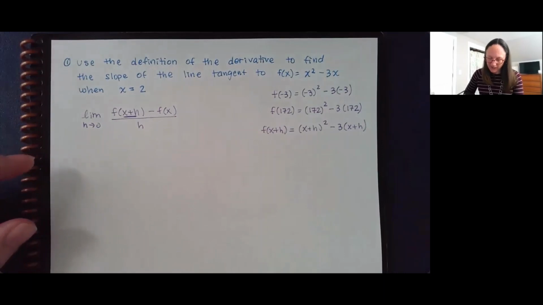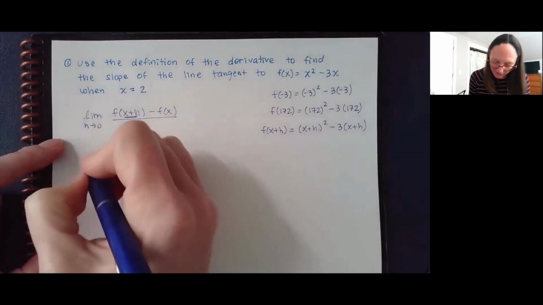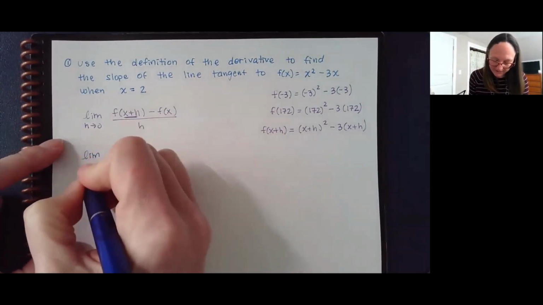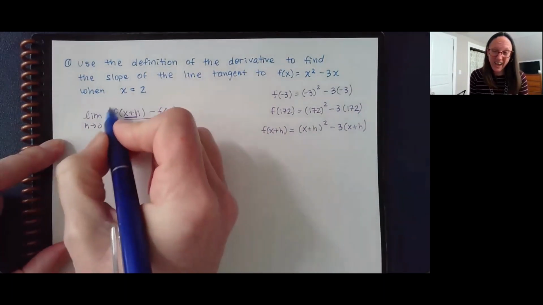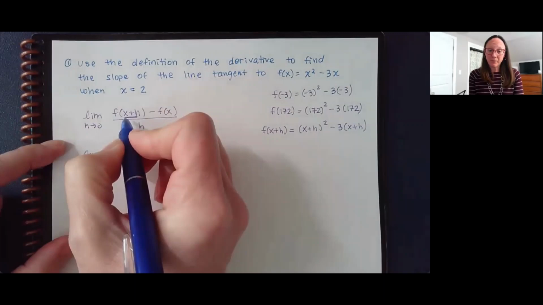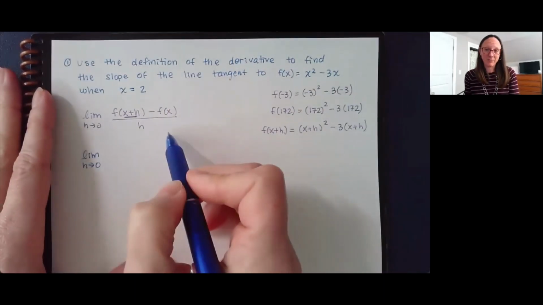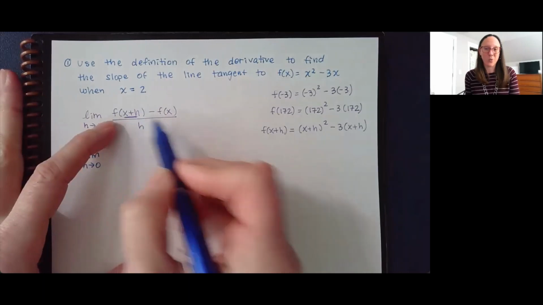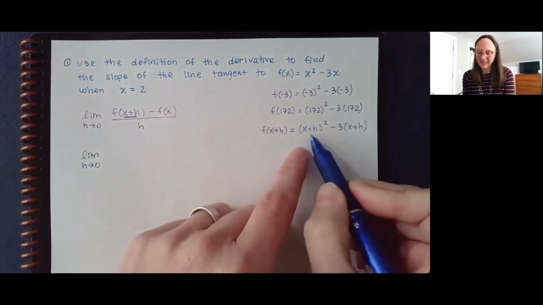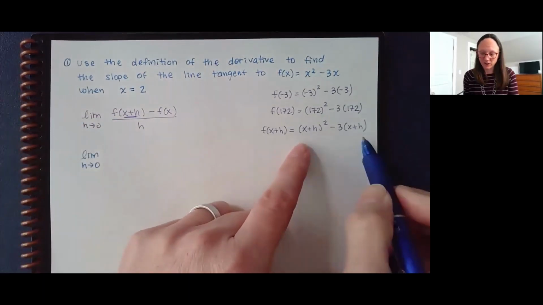So let's dive in. Since I've already written out what f of x plus h is going to look like for us, I'm just going to copy it down again. That f of x plus h piece, think of this as a formula. We had to come up with what f of x plus h is in order to plug it into the formula. This is what f of x plus h is.